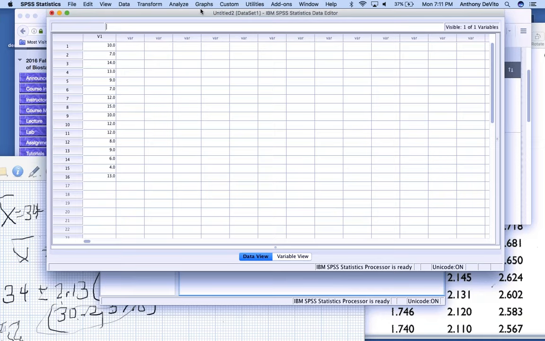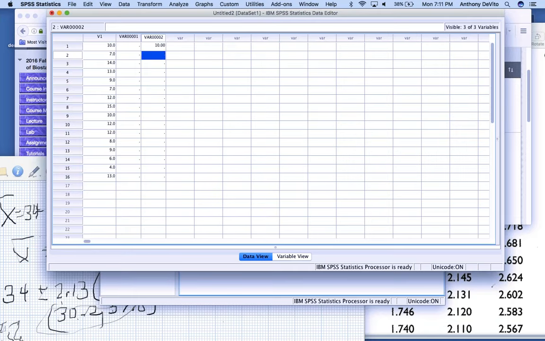So I'm going to read them quickly if you want to type them in. Now you could actually, if you just wanted to do it this way, you could literally just type in these values: 10, 7, 14, 13, 9, 7, 12, 15, 10, 12, 12, 8, 9, 6, 4, and 13.